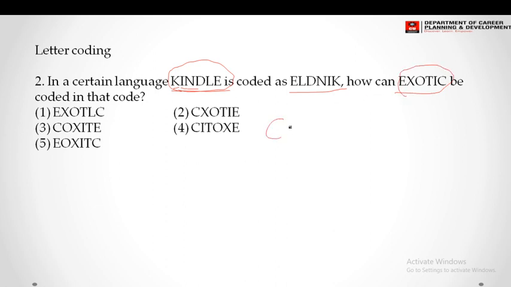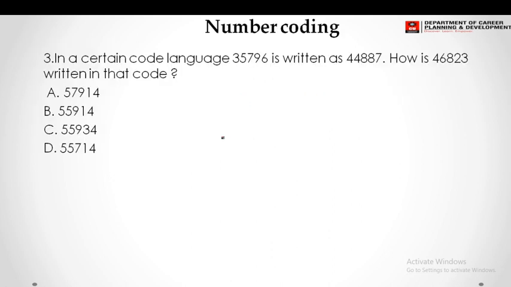So start with C, then I, then T, then O, then X, then E. So the answer is CITOXE. So the answer is 4 for question number two.